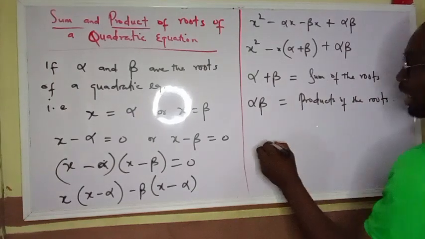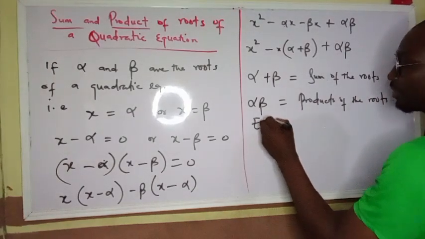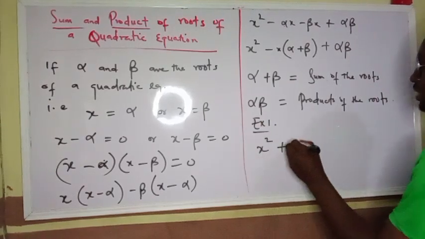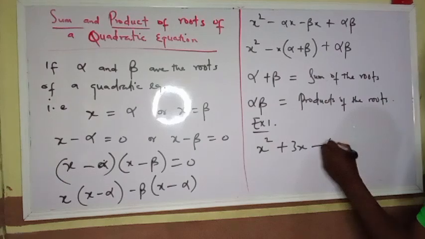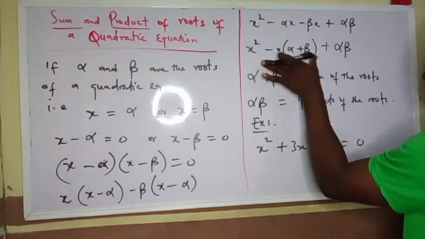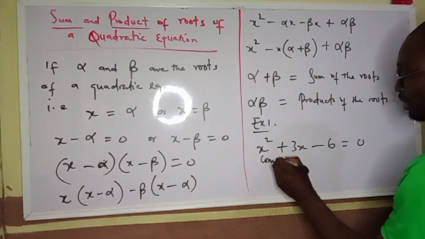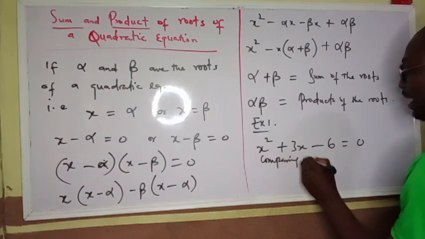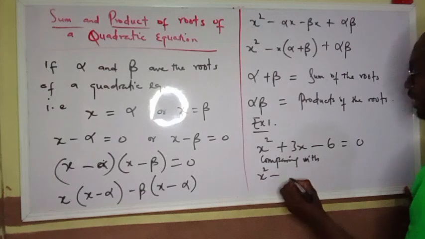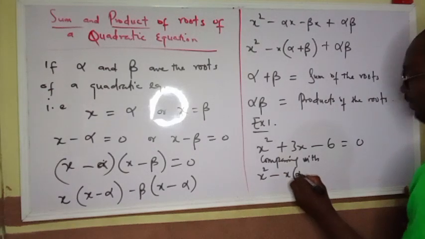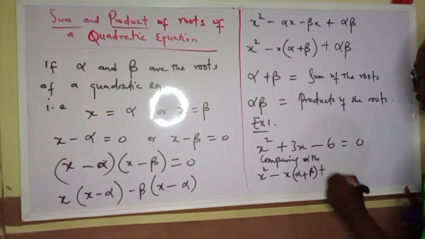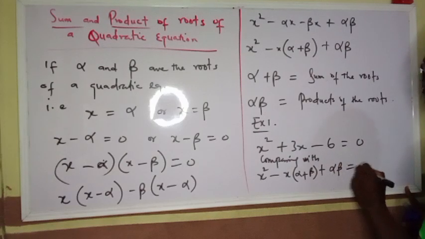So for example now, if we have a quadratic equation, x squared plus 3x minus 6 is equal to 0, and we compare it with x squared minus x times alpha plus beta, plus alpha beta is equal to 0.